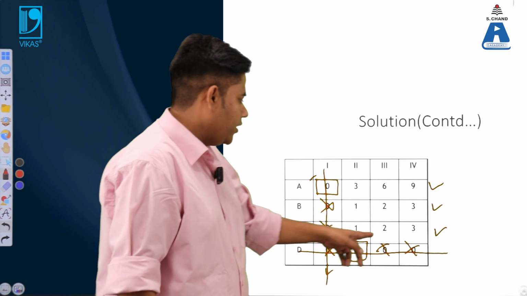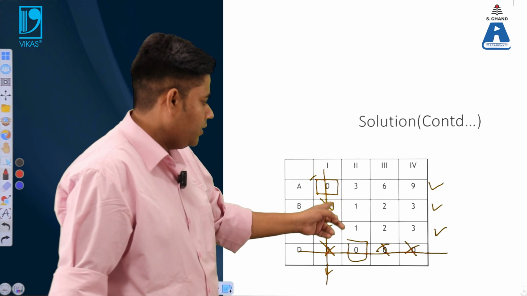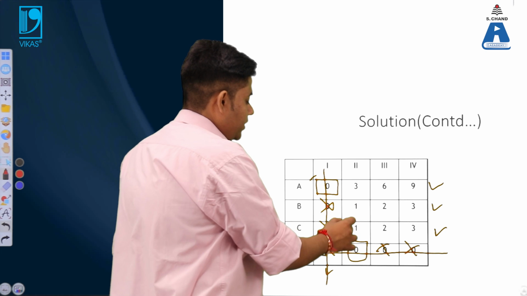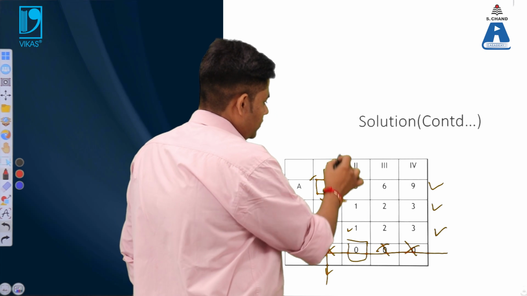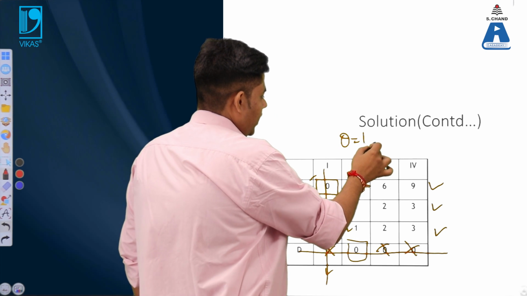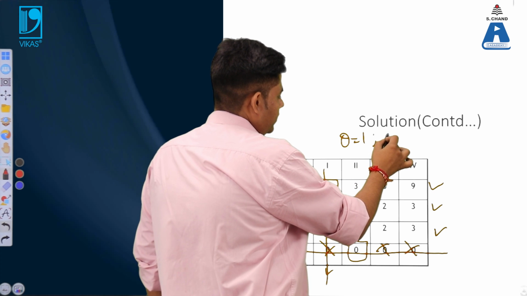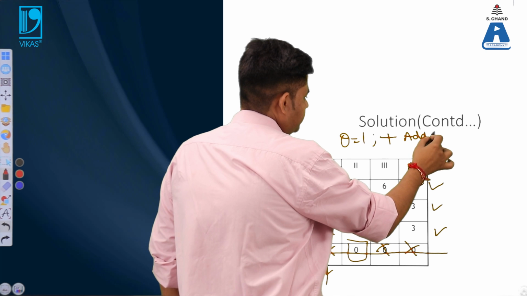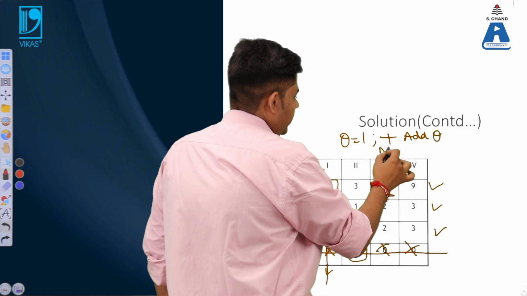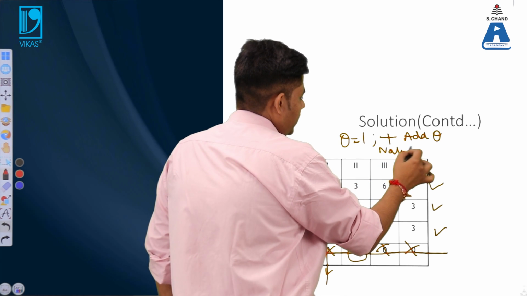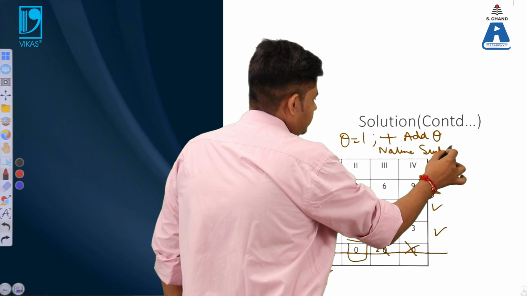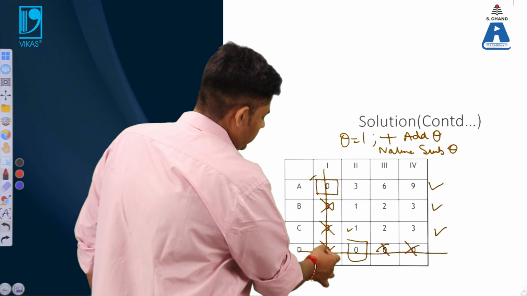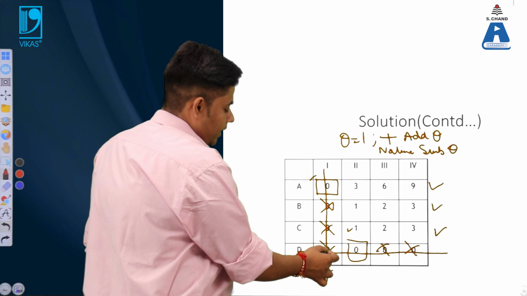And then you need to look for the minimum of all the remaining uncovered elements. The remaining uncovered elements have a minimum value which is 1. So theta here is 1, and the procedure says that where 2 lines are matching, you need to add theta, and where there is no line, you need to subtract theta. Like in this case where 2 lines are matching, you need to add theta to it.